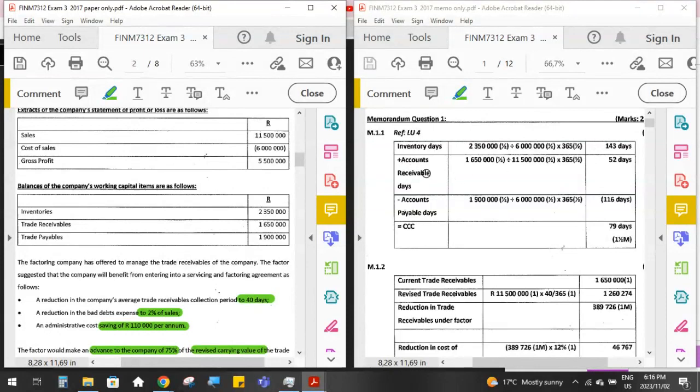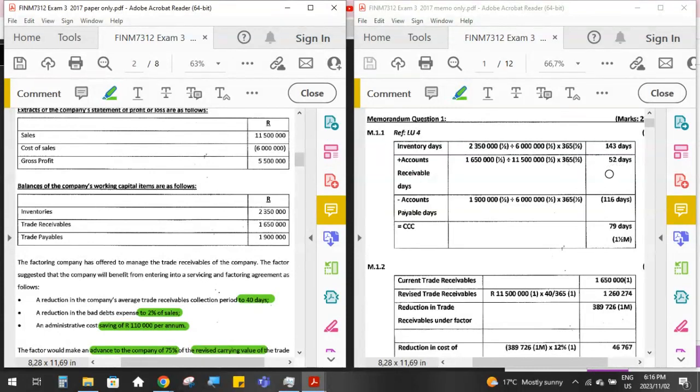Then our accounts receivable, we go here and get our trade receivables. It's going to be 1650 over credit sales, and they told us that all sales are credit, so it will be over the 11.5. We work out that percentage and we calculate that percentage of 365 and we get 52 days.